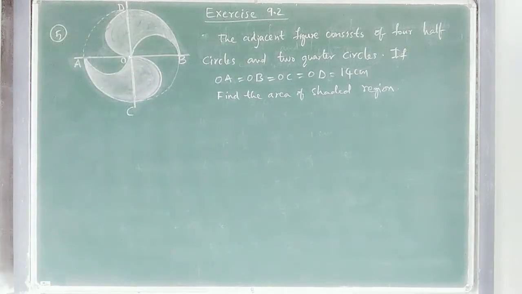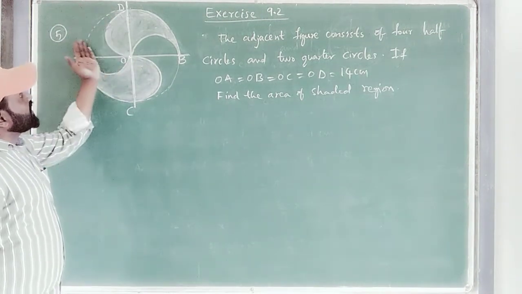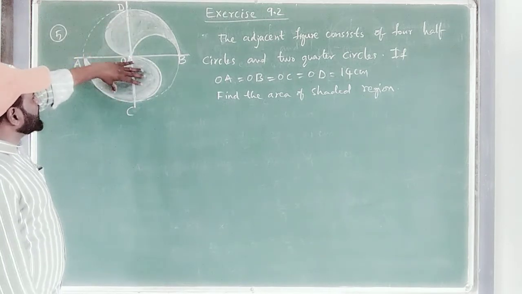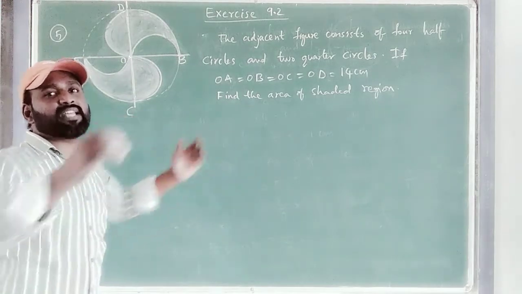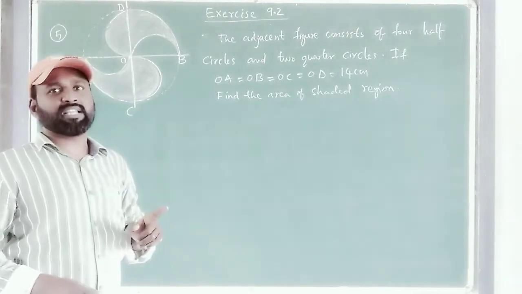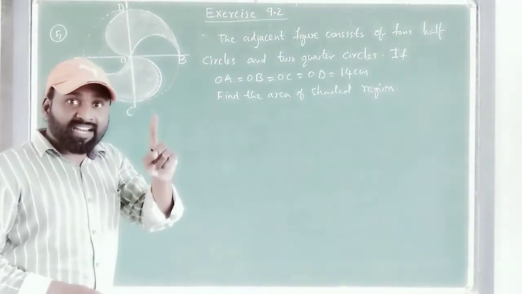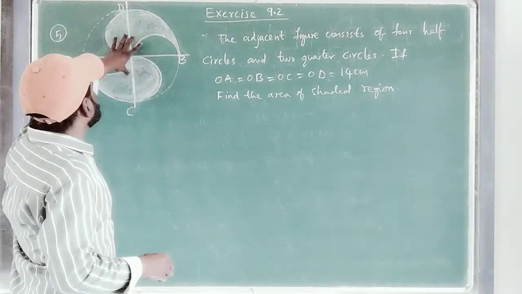Just imagine like that, upper portion and lower portion, or left side portion or right side portion. If you fill the unshaded portion with the shaded portion, it will be like a semicircle. Semicircle means half of a full circle. Only one semicircle will be formed with this shaded region. That means half a circle is the shaded region.